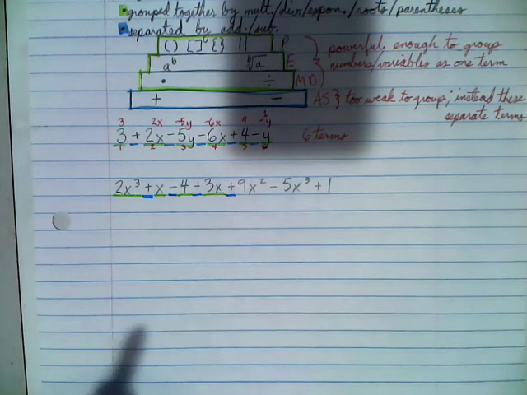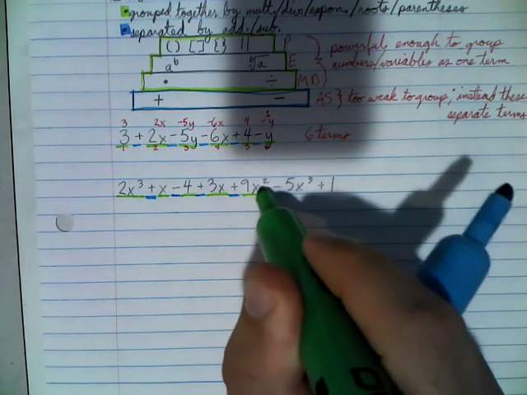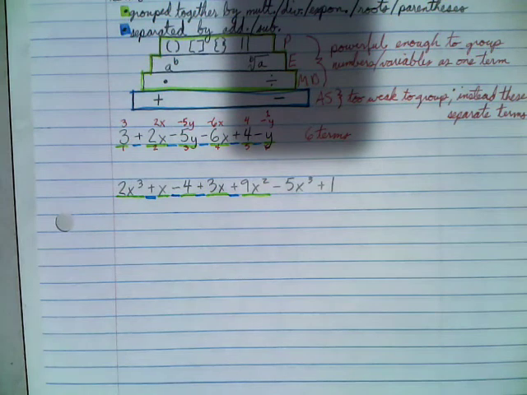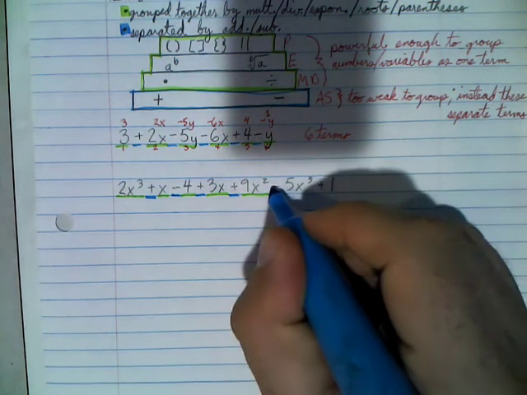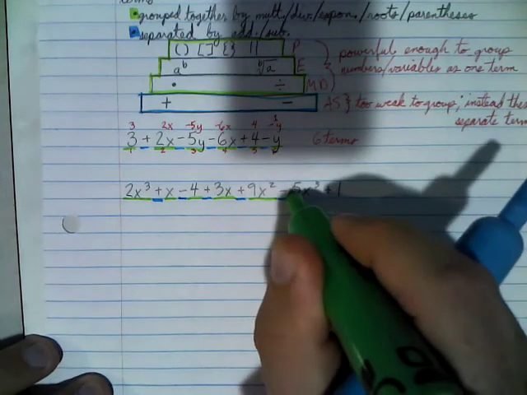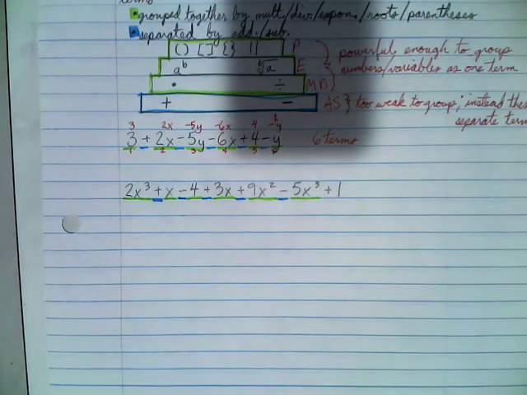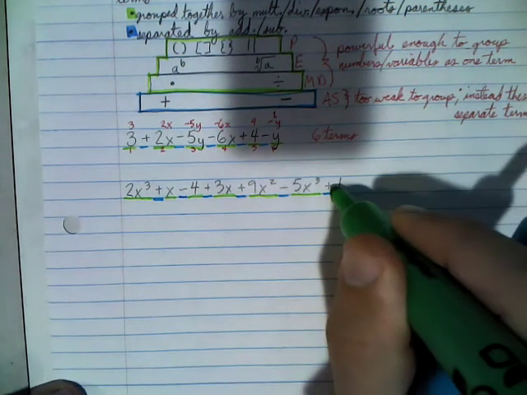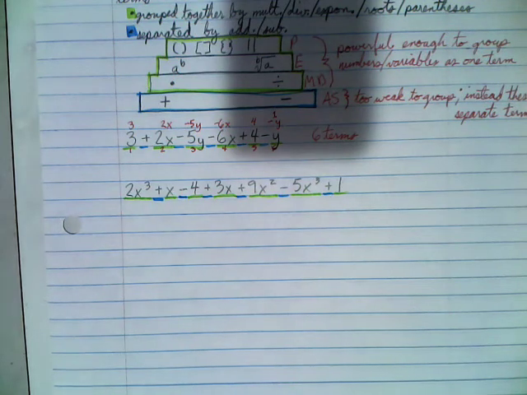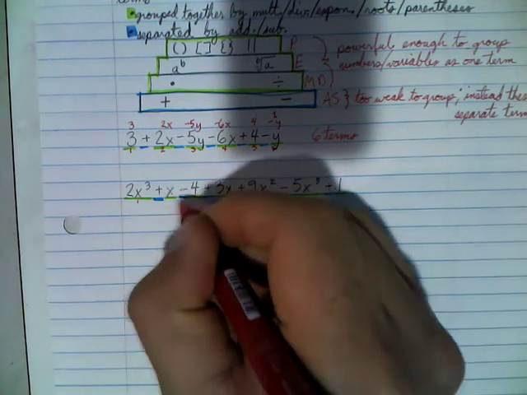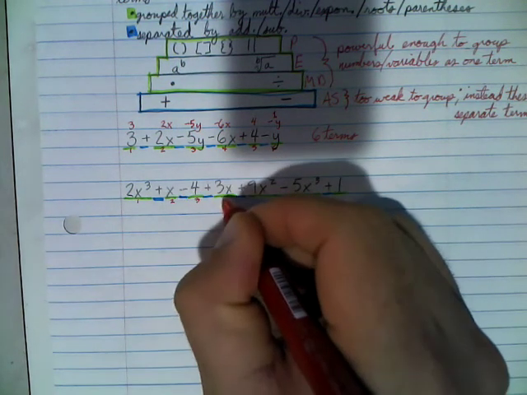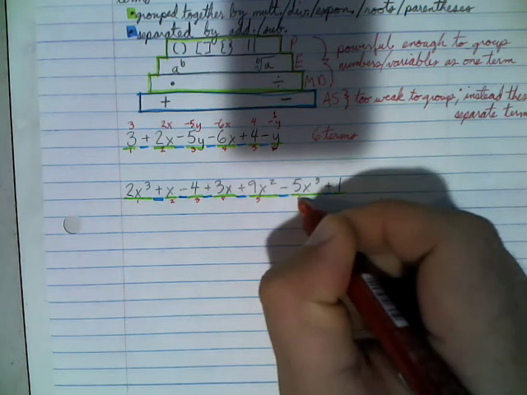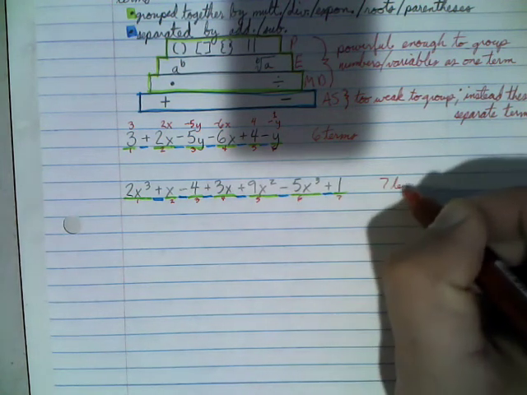Plus separates the next one. 9 times x squared, so the times and the exponent are all part of the same term. But then I have a minus here. And then 5 times x cubed, again, the times and the exponent, same term. Plus separates, and 1 is all on its own. So if I count these guys up, I have 1, 2, 3, 4, 5, 6, 7 terms this time.